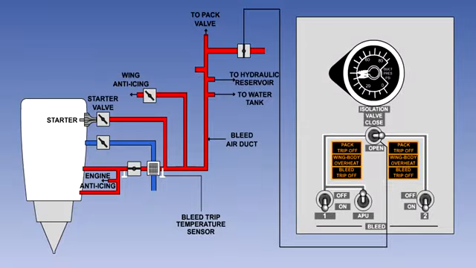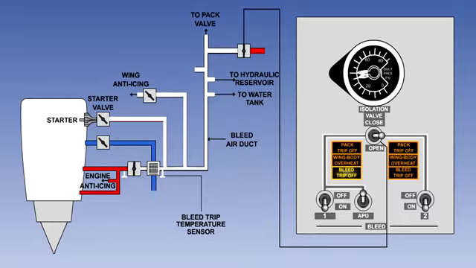If the temperature of the air downstream of the bleed air valve becomes excessive, the valve will automatically close. A warning light in the cockpit, which is monitoring the system for both excessive temperature and pressure, will come on. Excessive pressure in the system can be caused by failure of the high-pressure shut-off valve to close when required.